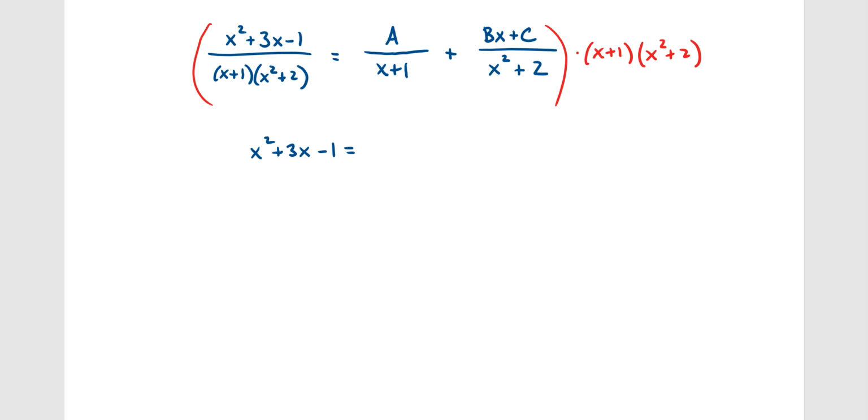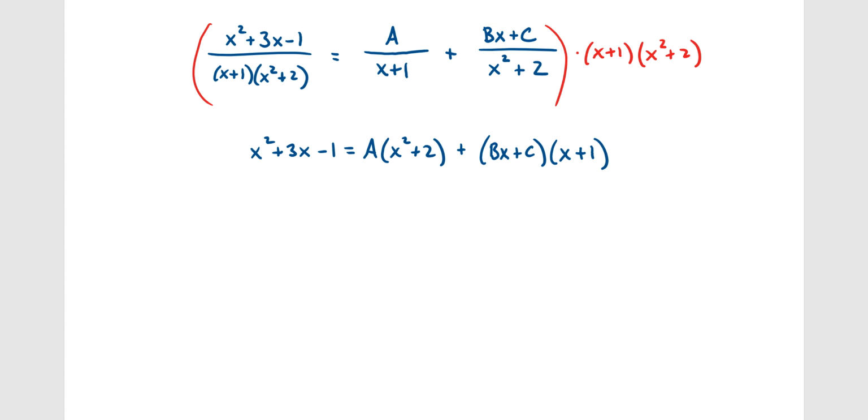On the right-hand side for a, the x plus 1 cancels, and we're left with a times (x squared plus 2). And then for the bx plus c term, the x squared plus 2 cancels, and we are left with (bx plus c) times the (x plus 1) factor.